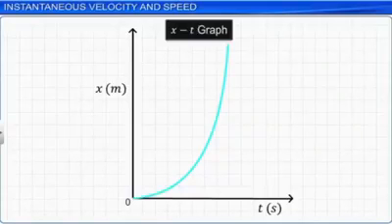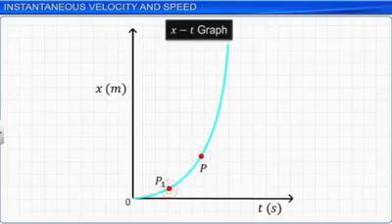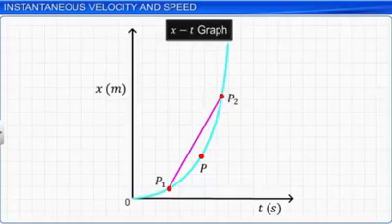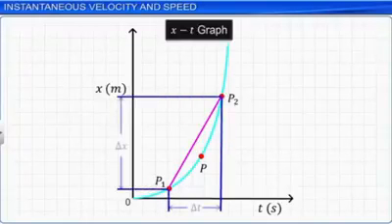We first mark a point P on the graph at which the instantaneous velocity of the body has to be found. We mark 2 points P1 and P2 on either side of P. Join points P1 and P2. Find delta t and delta x.